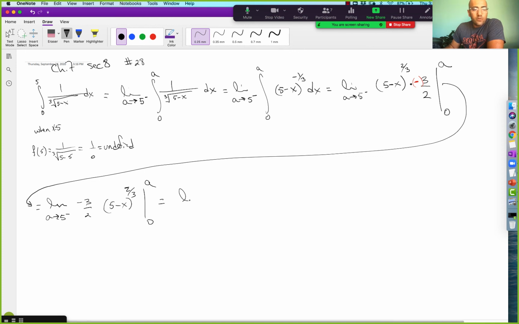So this would be equal to the limit as A approaches 5 from the left-hand side. We don't need that constant, it's just getting in the way, so let's just pull it out in front and say there's a negative 3 over 2 out there.